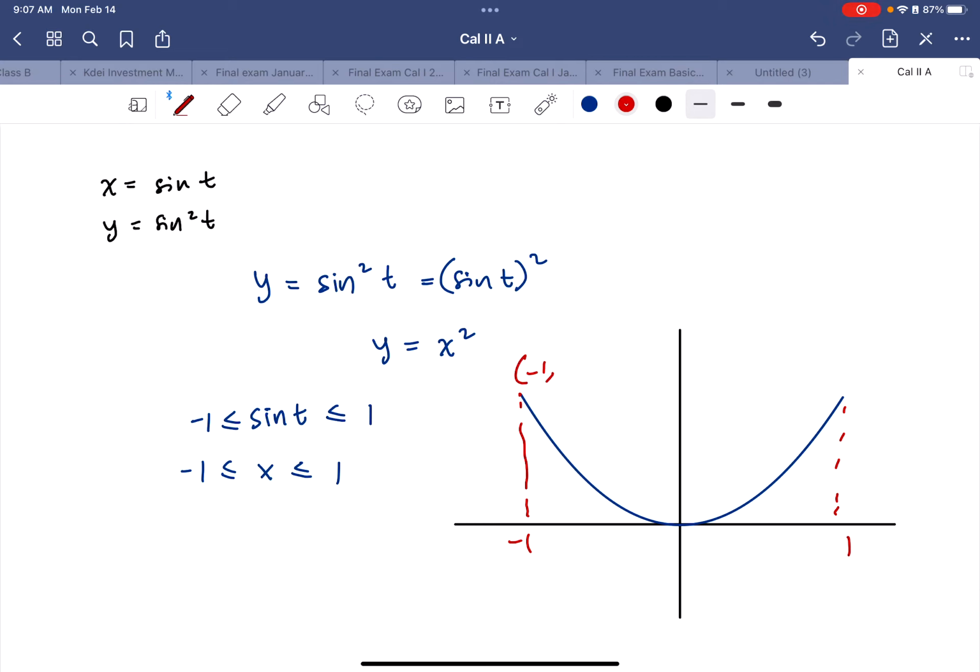So this will be -1, 1, and this is 1, 1. We will have movement from this point here to here, and also from here to here. And this will be the sketch of the curve.